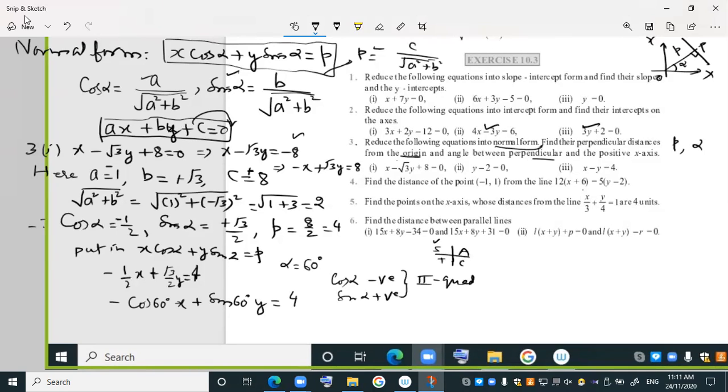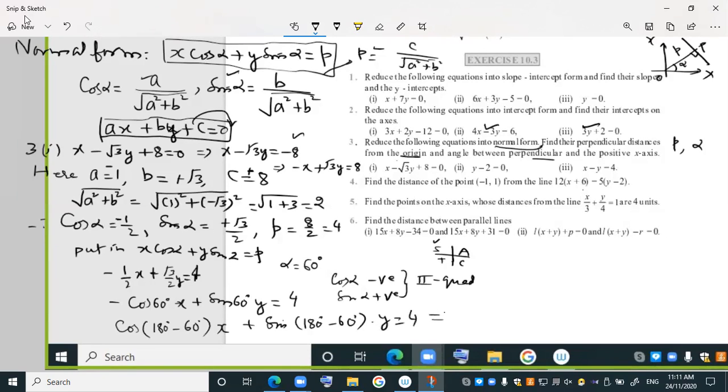And we can compare this with x cos alpha plus y sin alpha. Before that, you should remove this minus sign. So we can write it as cos of 180 degrees minus 60 degrees is equal to minus cos theta because second quadrant, and this also can be written as sine of 180 degrees minus 60 degrees into y is equal to 4.